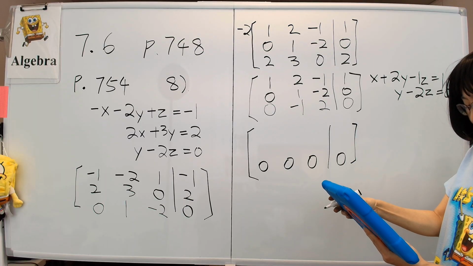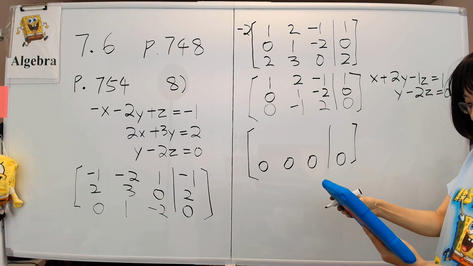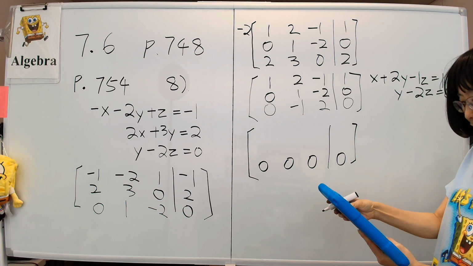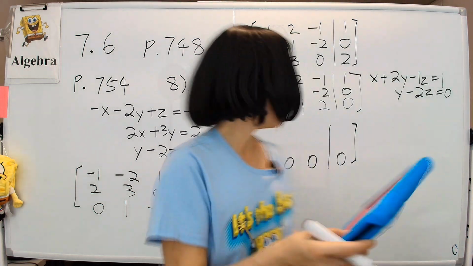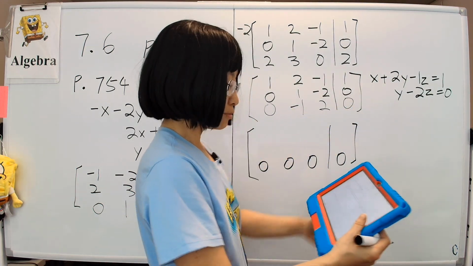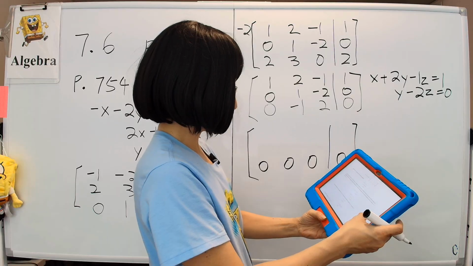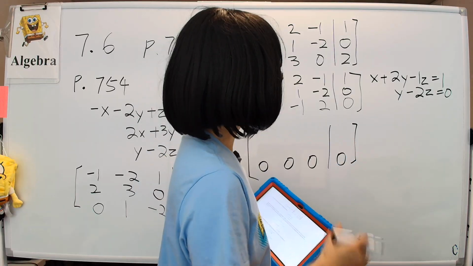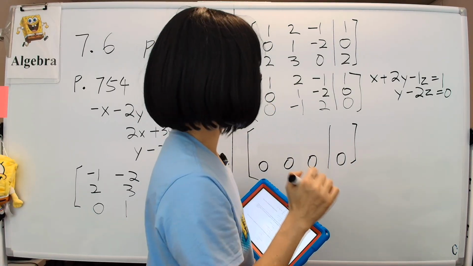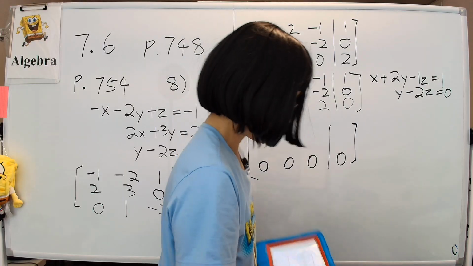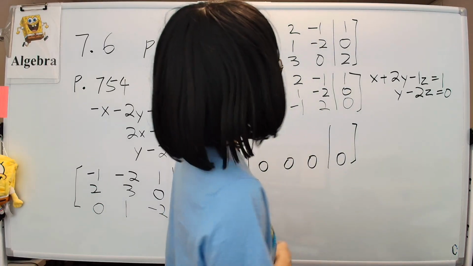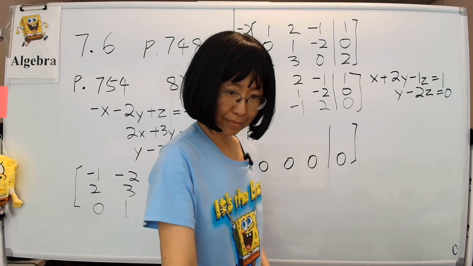what we want to do is represent everything in terms of x, okay, to come up with the answer that the book wants. And so everything has to be in terms of x, which means, let me think.